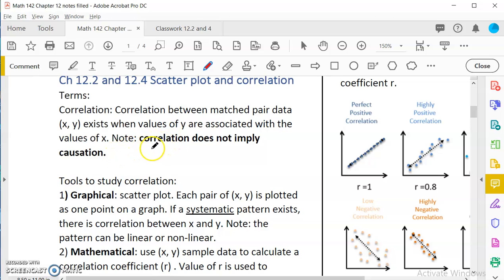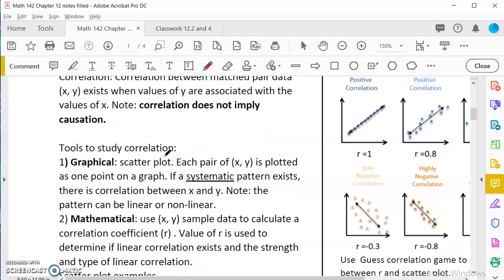We cannot say causation until we have a controlled experiment, or there is scientific evidence that they are related. If someone does an observational study or just analyzes data by crunching numbers, that is just a correlation study. So remember, correlation does not imply causation.